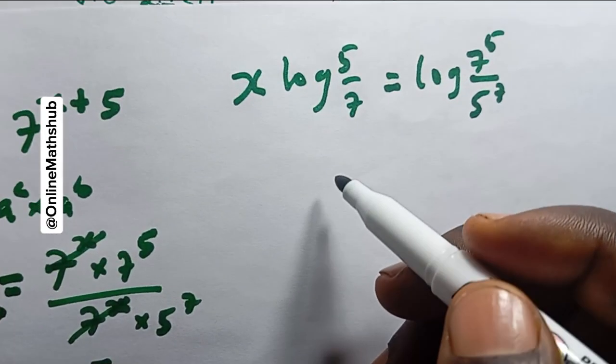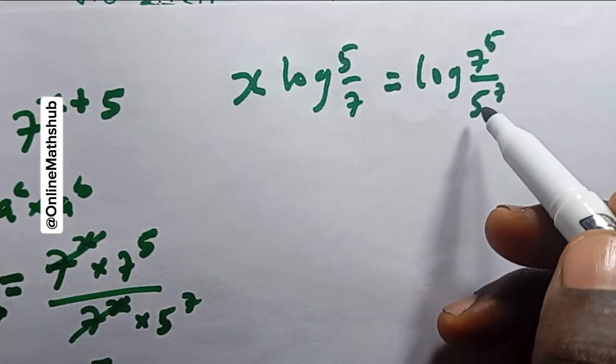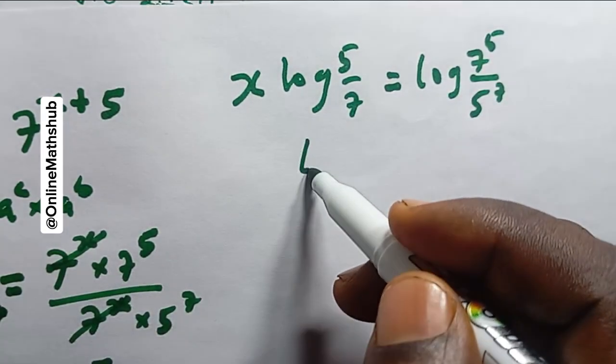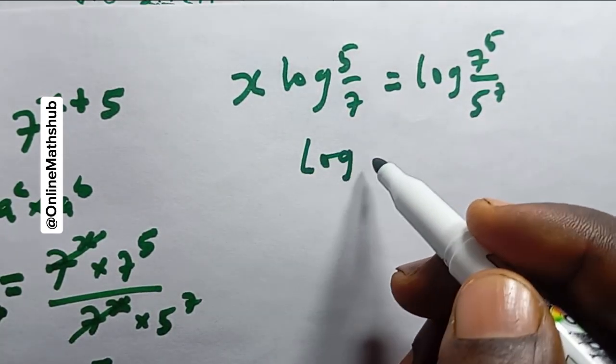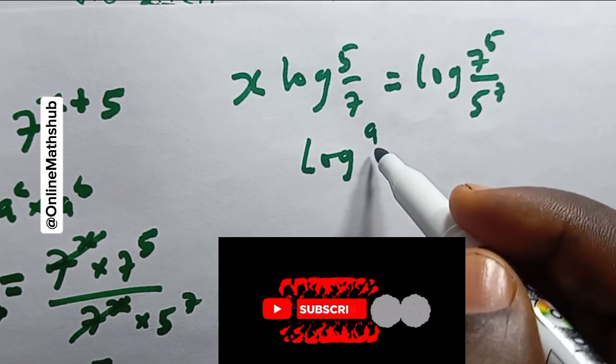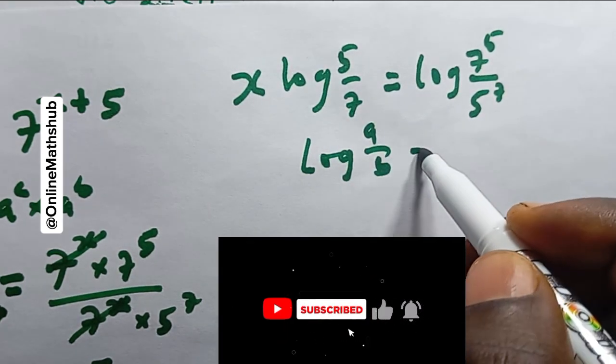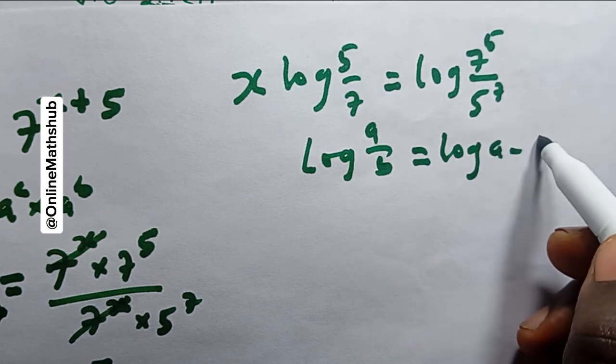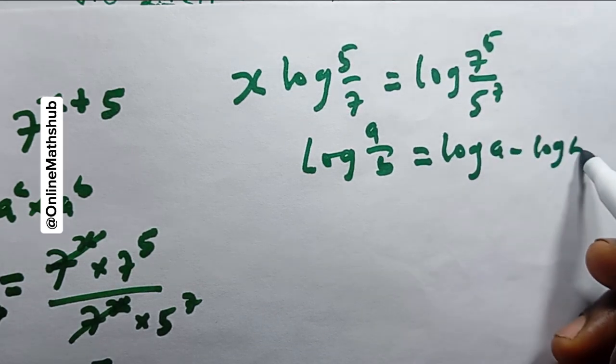If I continue from here, I can use another property of logarithm, which says that if we have log (a/b), you can write this as log a minus log b.